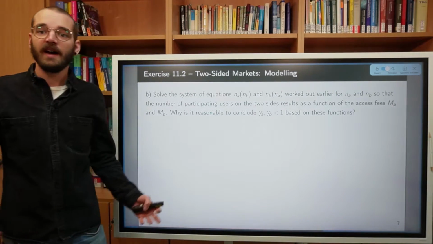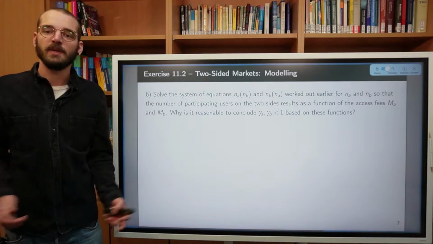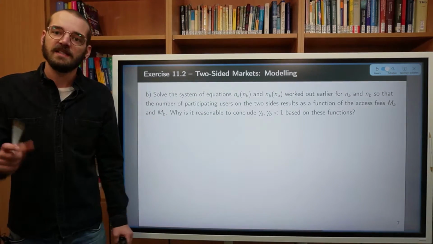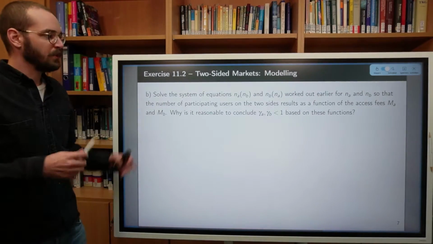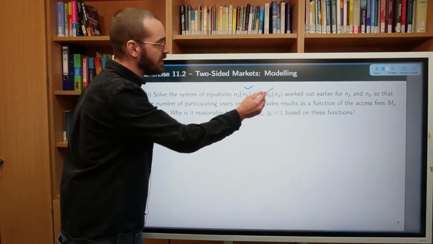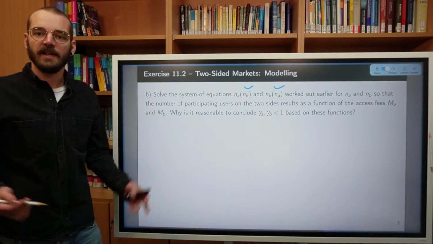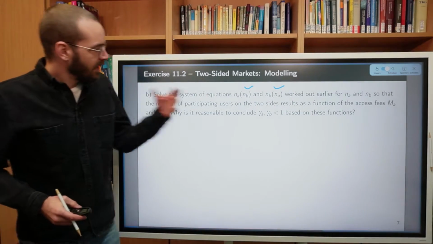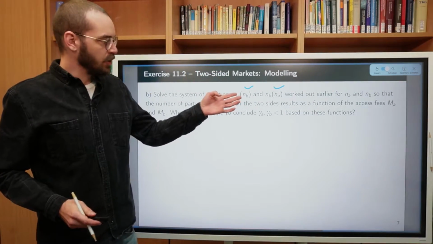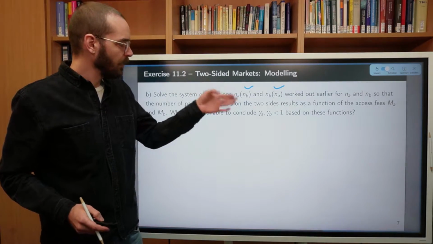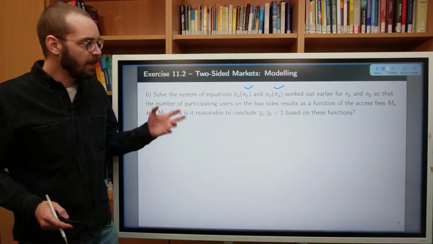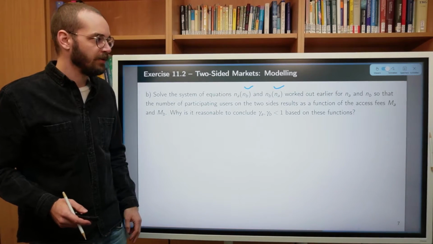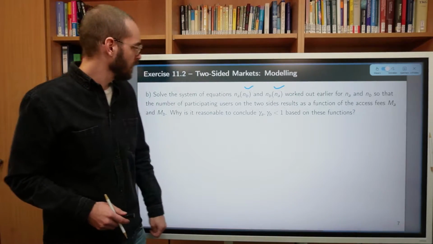Alright, so we have ni of nj. Of course, we can plug in both of these indices respectively, right? So we have already found both of these. We just have to plug in the correct index for I and j respectively. Now we have two equations, one for each number of participants of the respective group.